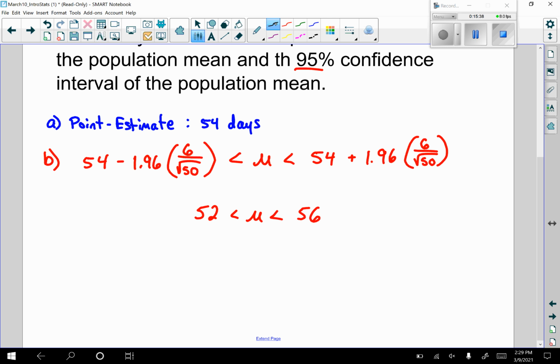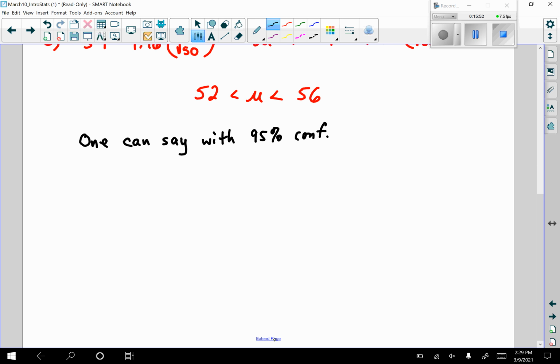But we want to summarize this. So how we would write our answer to this is we could say one can say with 95% confidence, we could abbreviate, that the interval between 52, there's so many different ways we could phrase this, that the interval between 52 and 56 days does contain the population mean based on a sample of 50 cars.